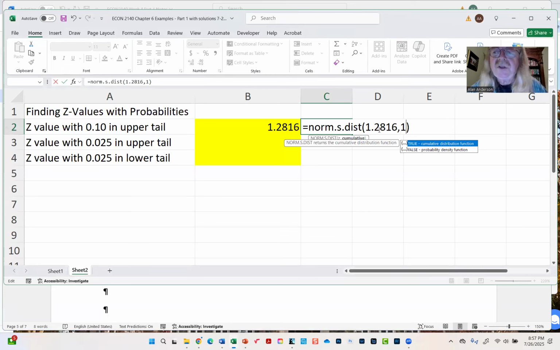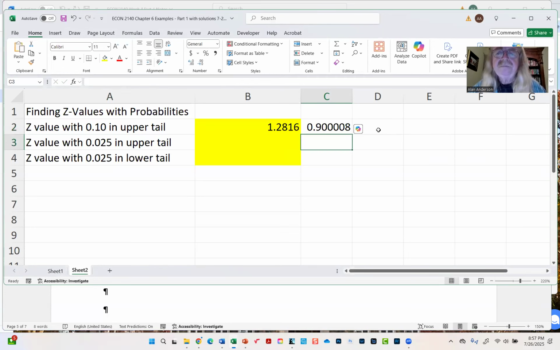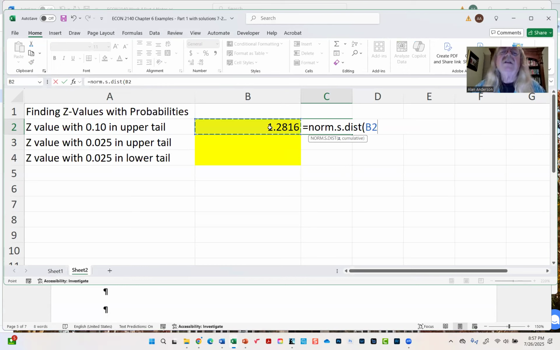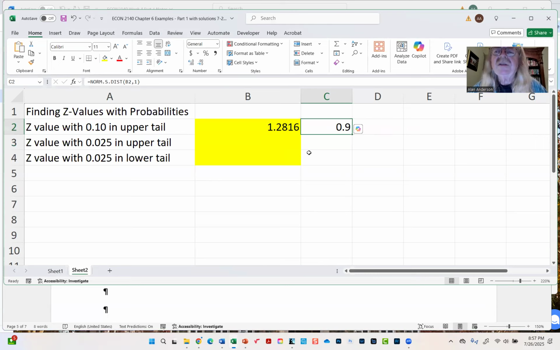And except for potentially any rounding issues, there it is. If you want it to be exact, you do it like this: norm dot s dot dist of this number, whatever it is, and then you put the 1, and there it is, 90%. Okay, so that's what this is all about. We're finding a z-score that corresponds to a specific area in the tails.